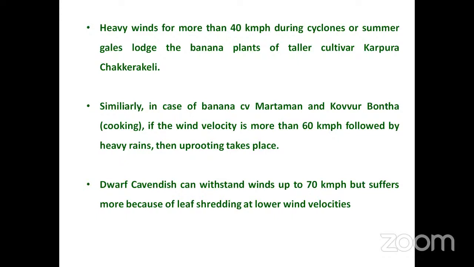The dwarf Cavendish variety can withstand winds even up to 70 kilometers per hour, but it suffers more because of leaf shedding at lower wind velocities.